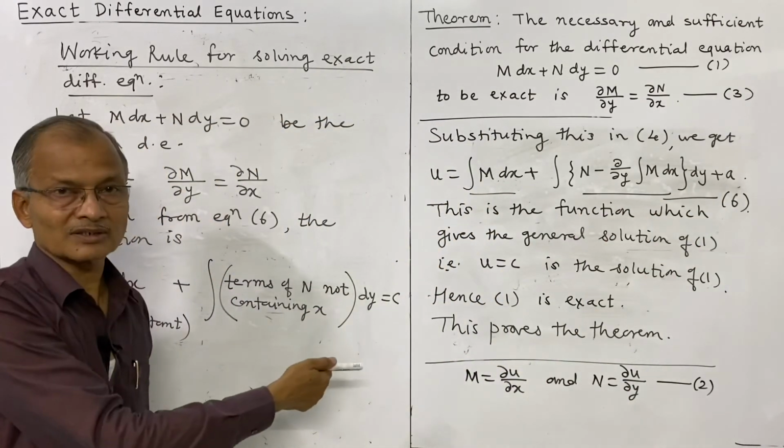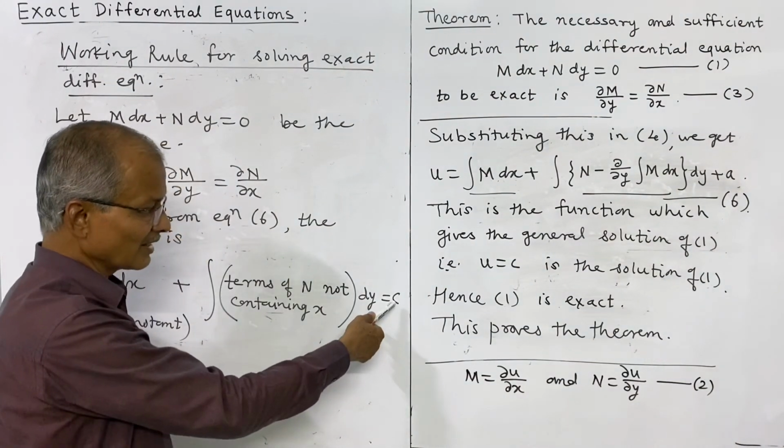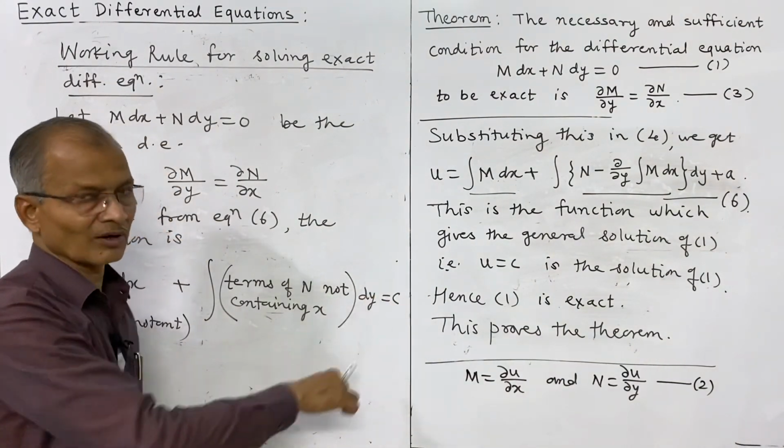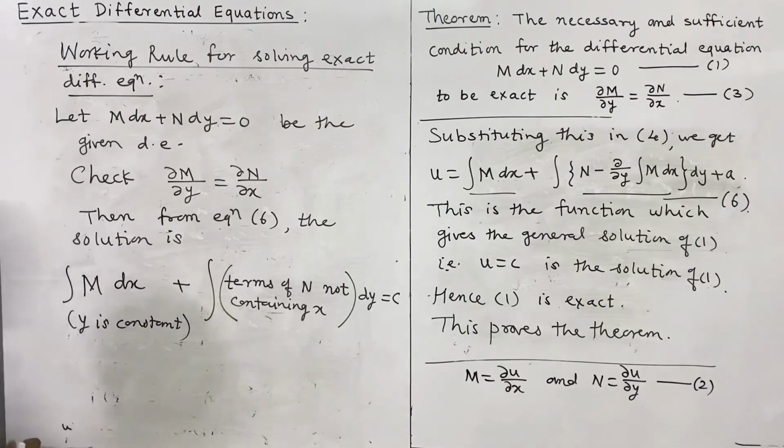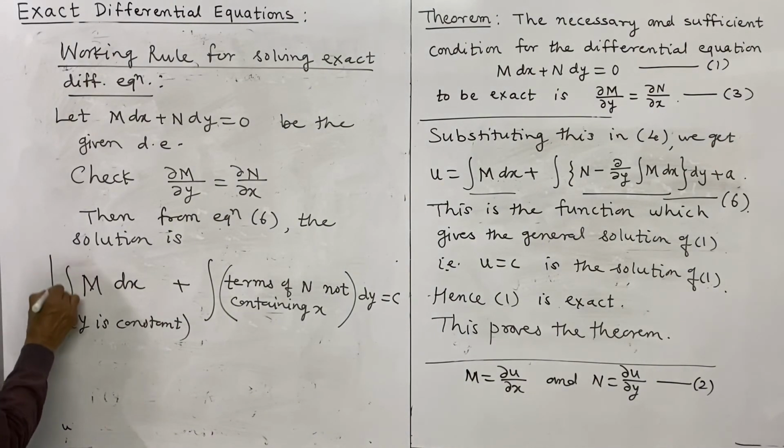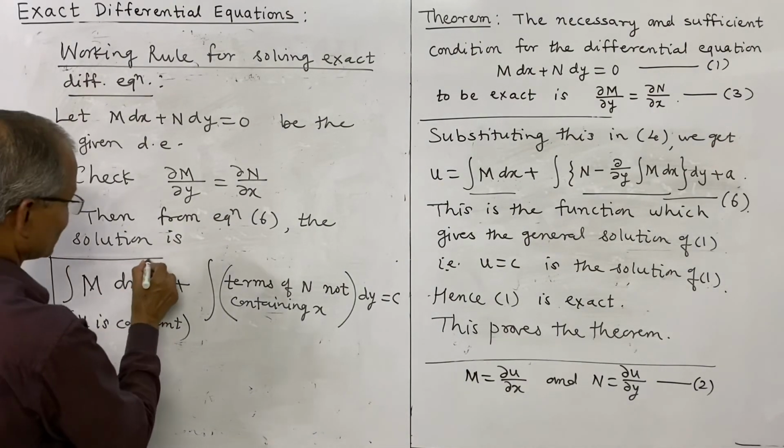So the total constant is written as C only. A is shifted to that side. It will be C minus A, again a constant. And thus this is the working rule for exact differential equation.